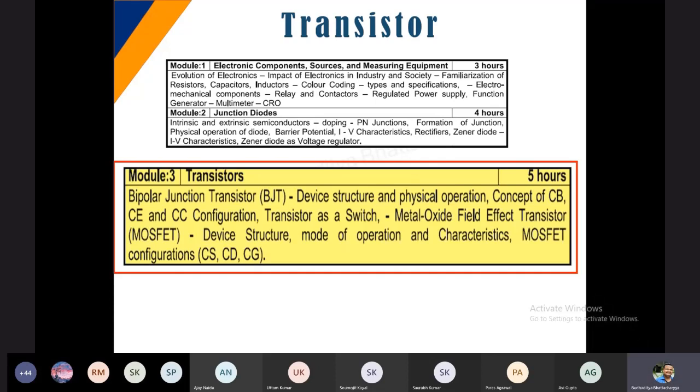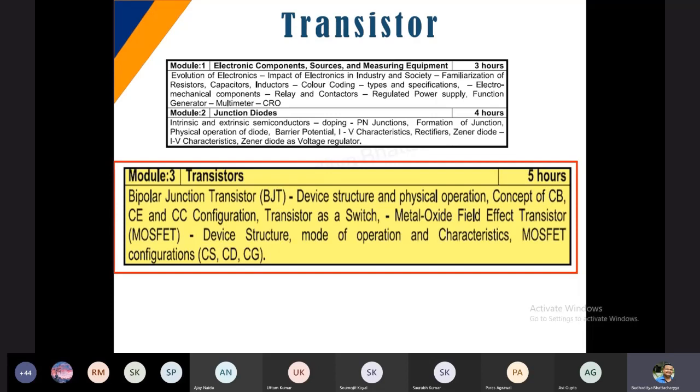All right. So in the transistor topic, we have in the syllabus the bipolar junction transistor, BJT, device structure and physical operation, that is, how it works. What is the nature of it, or how the device behaves ideally, just as we discussed for the PN junction diode.